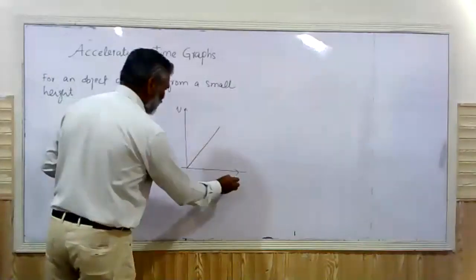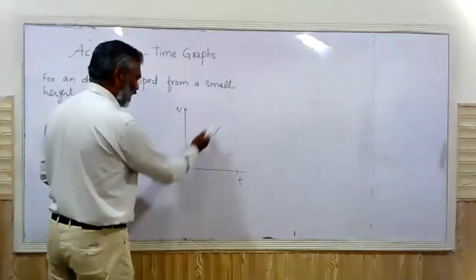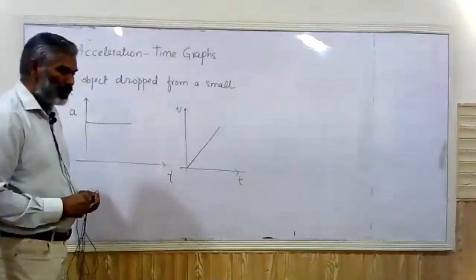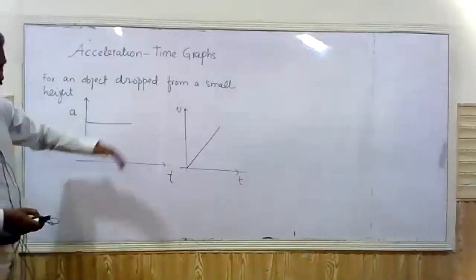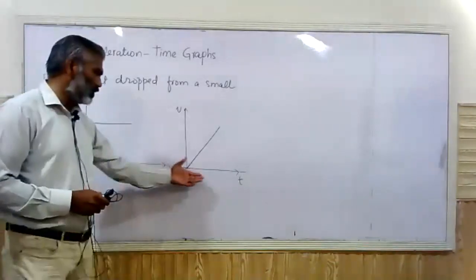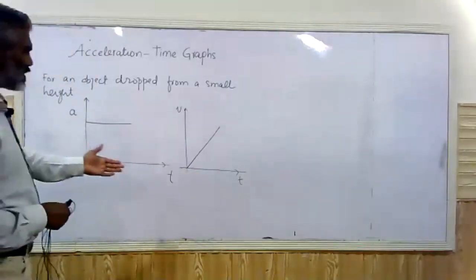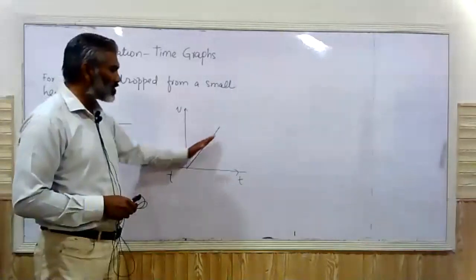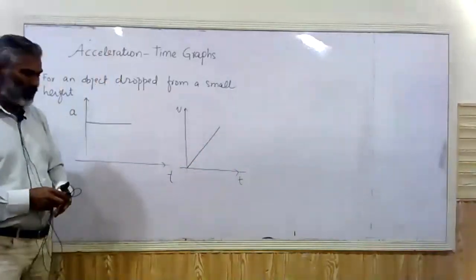So the velocity time graph has a straight line with a gradient equal to 9.81, and the acceleration time graph will be a straight line with gradient equal to 0. Both these graphs represent the same situation. This is the velocity increasing at a constant rate, and therefore the acceleration has remained constant.